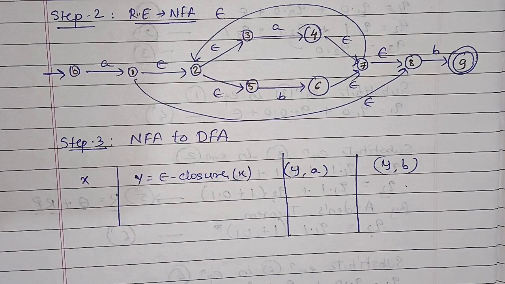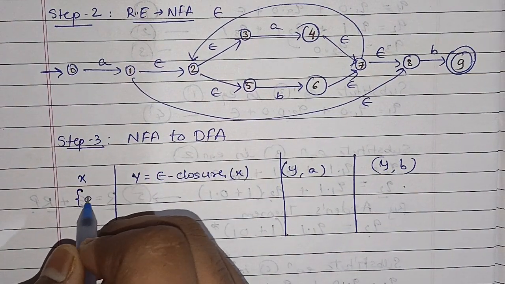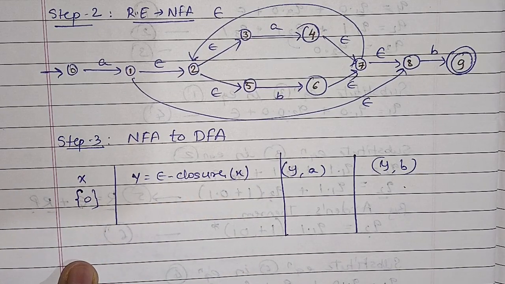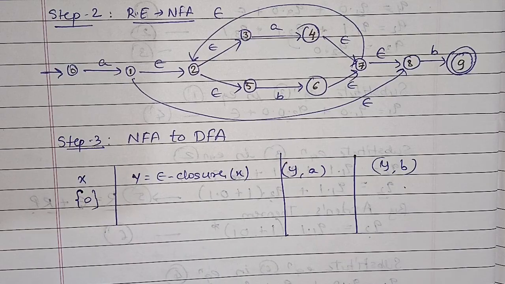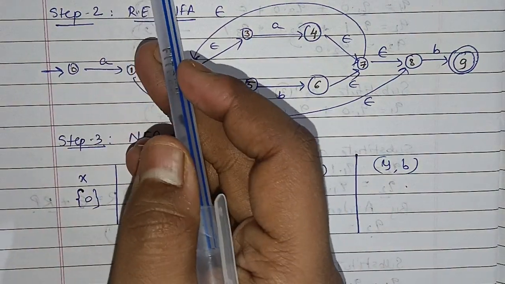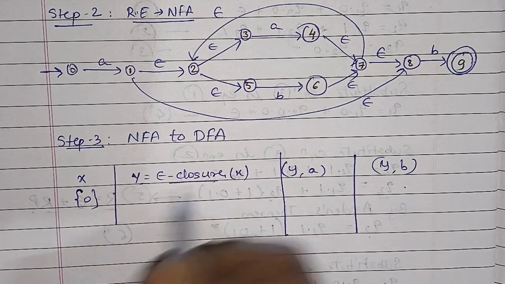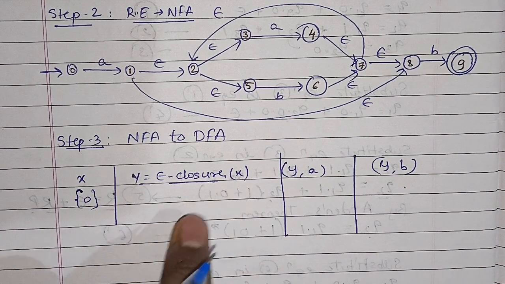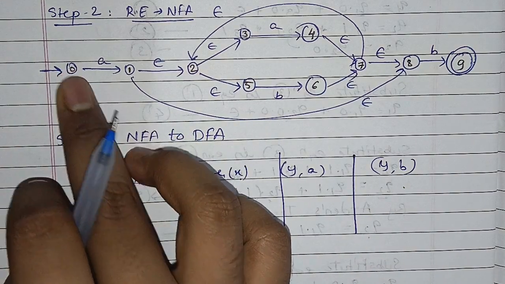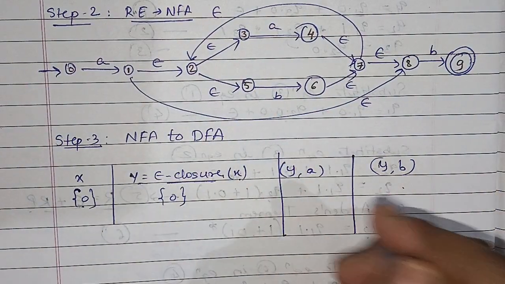As I told you in the previous videos, always remember, we have to take the starting state as X, epsilon closure of X. What is the epsilon closure of X? I have taught this in the previous video, so you can watch my previous videos on constructing regular expression to NFA and minimized DFA, where I have explained what epsilon closure is. Epsilon closure of 0 is 0 only, because there is no epsilon transition, so itself.